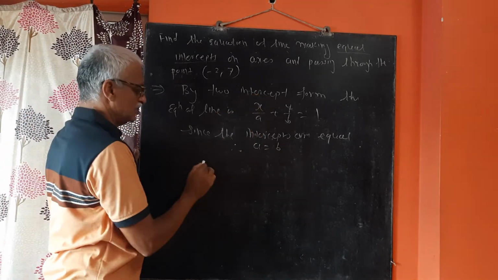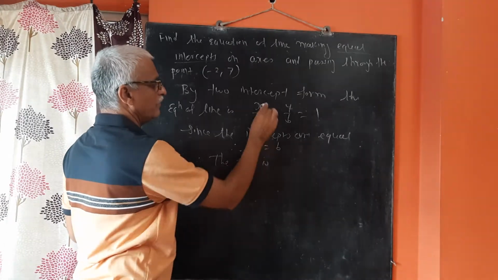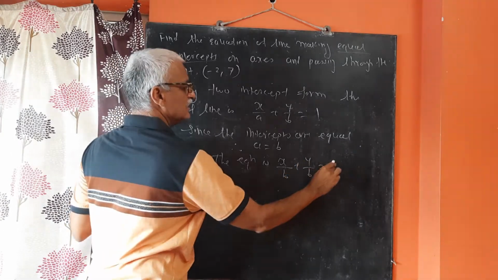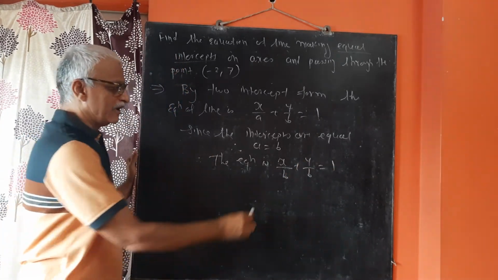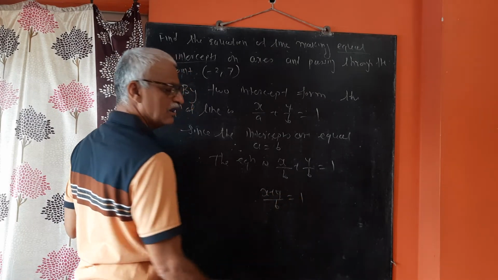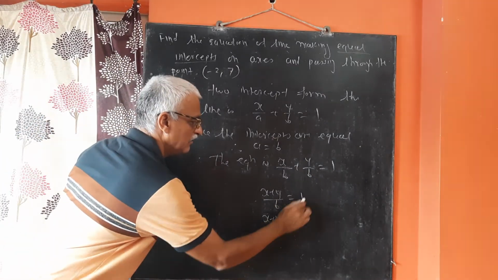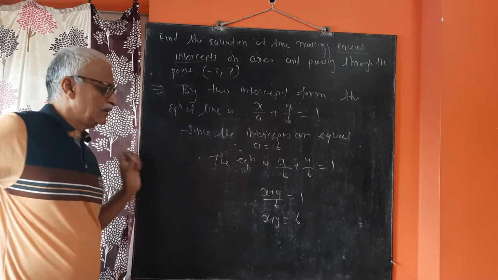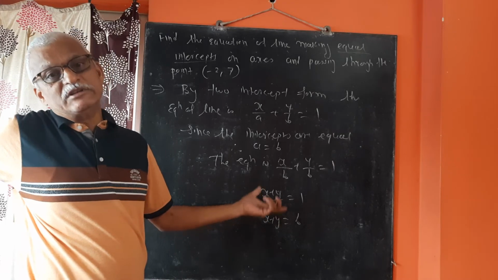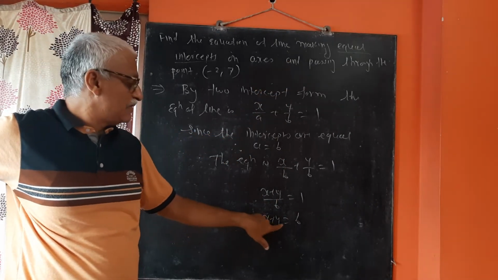So the equation becomes x upon b plus y upon b is equals to 1. Or we can write x plus y whole divided by b equals to 1. That means x plus y by cross multiplication is equals to b. So the equation of a line which makes equal intercept on the coordinate axis will be x plus y equals to b.